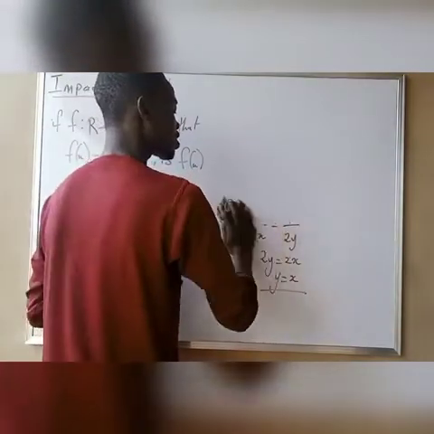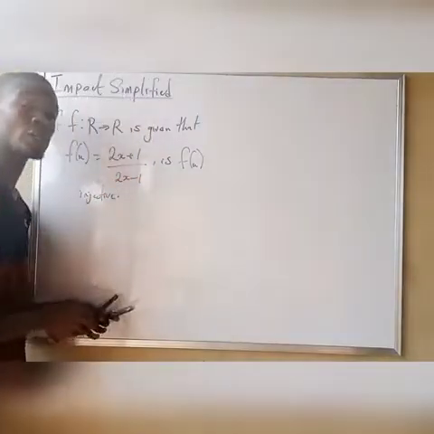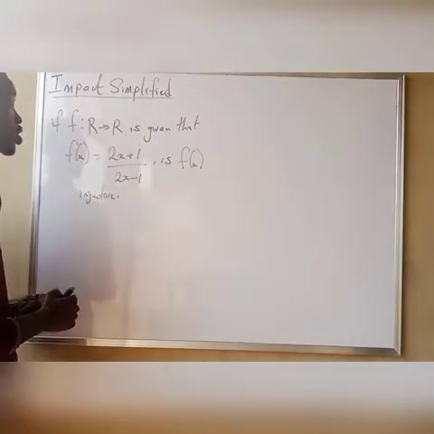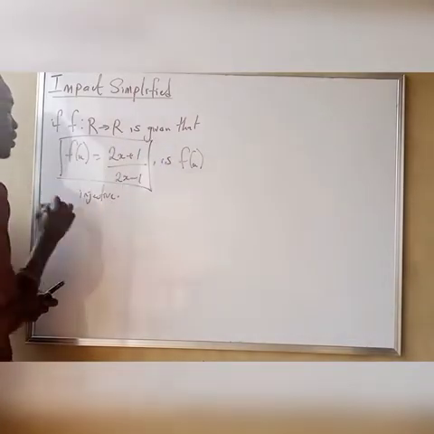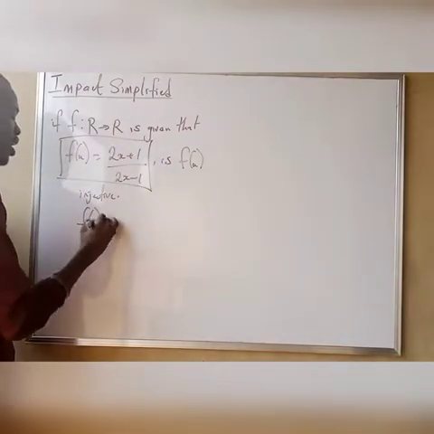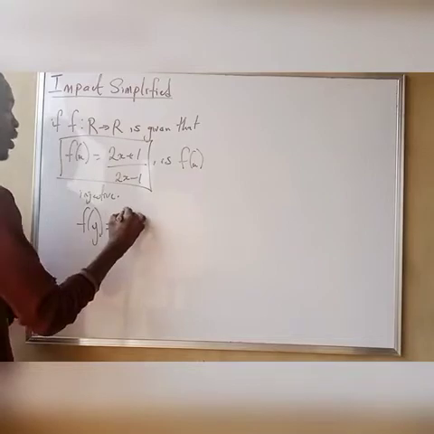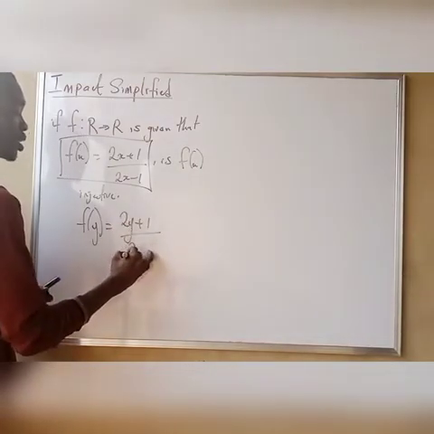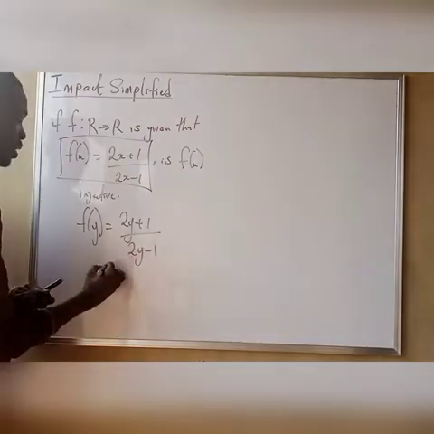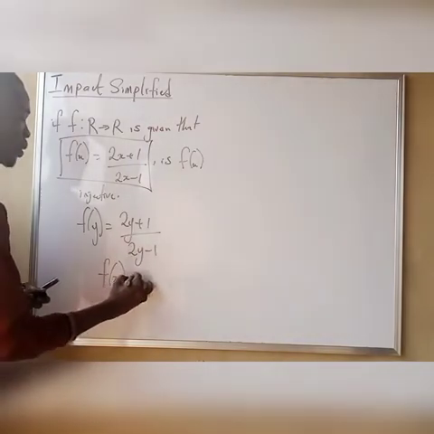So what is injective? We have said it, injective means one-to-one. And we have looked at the conditions. So making use of the condition, they have given us our f of x. That means we are to get our f of y. And what is f of y? You change your x to y, and that will give us 2y plus 1 over 2y minus 1.